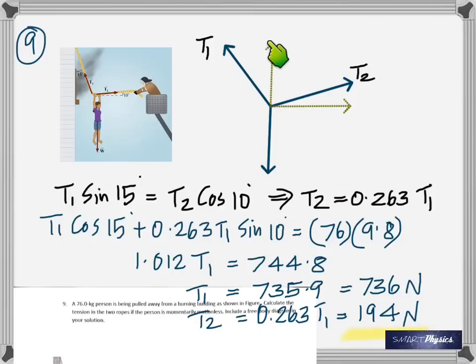So when I look at the forces along the y, I have two components here, one here. So I add up both of them. Watch it. You see this? T1 cos 15 plus T2 sine 10, add that, that should be equal to the weight. Of course, what's acting down is the weight, isn't it? 76 times 9.8, and from there I get both T1 and T2.